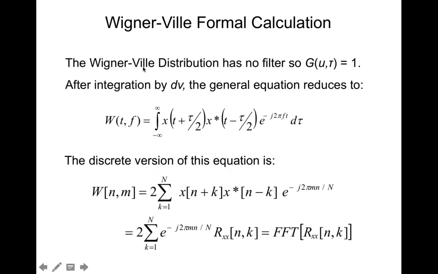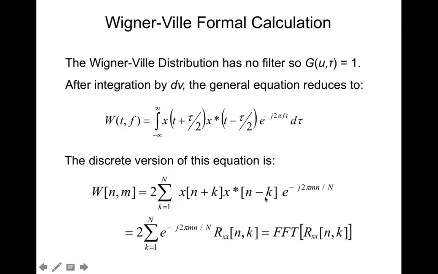As we said before, the Wigner-Ville distribution does not have a filter, so the kernel function is equal to 1. After we integrate over dv, the first variable, which is just the kernel function variable, the general equation reduces to the following, a simple integral over d tau.